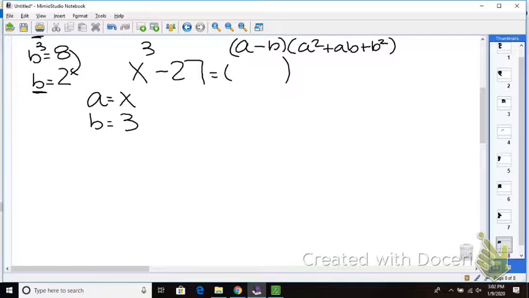Okay, so the first one I should have a minus b, so you should have x minus 3. Then you should have x squared plus 3x plus 9.